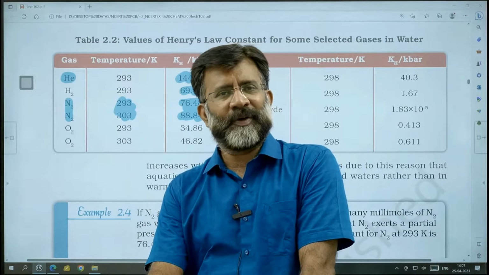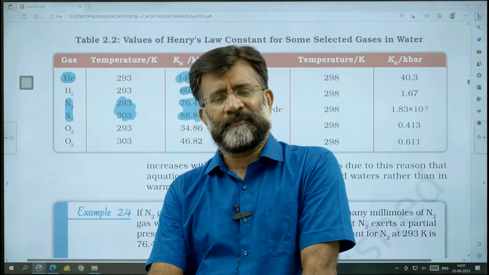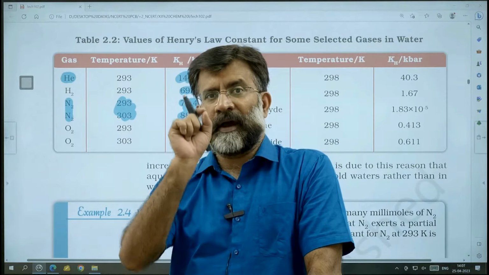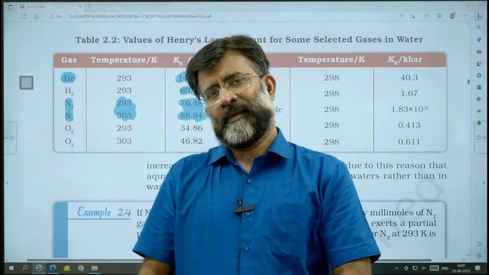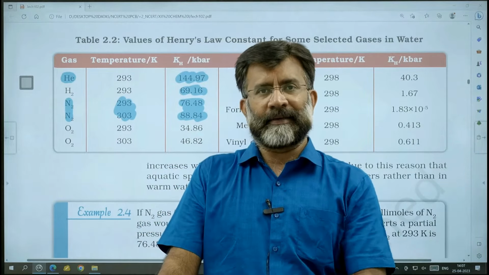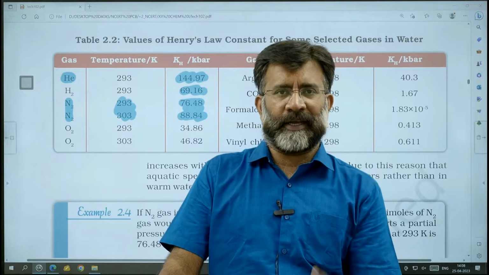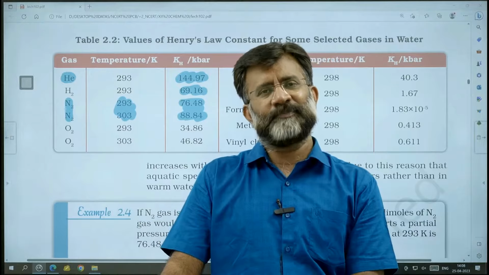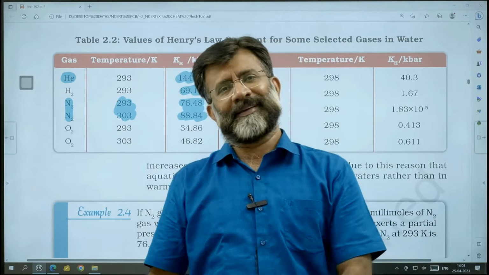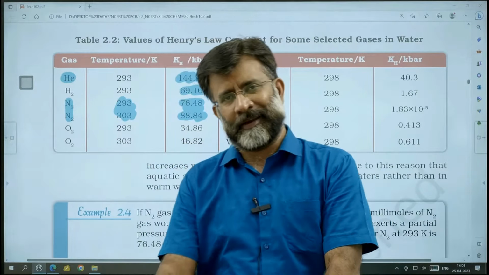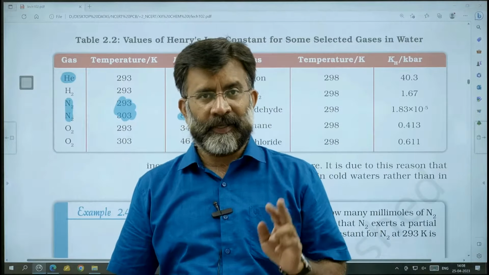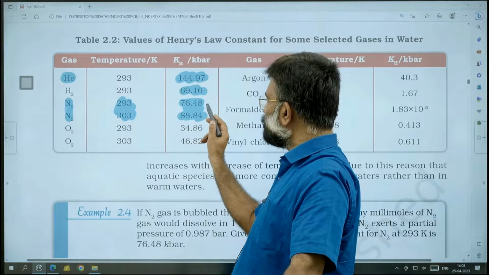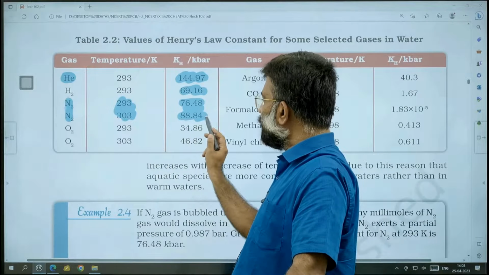For the preparation of soda water and soft drinks, we prefer ice cold water, because there is a greater solubility of carbon dioxide in cold water. When the temperature increases, the KH value increases: 293, 76.48; 303, 88.84.